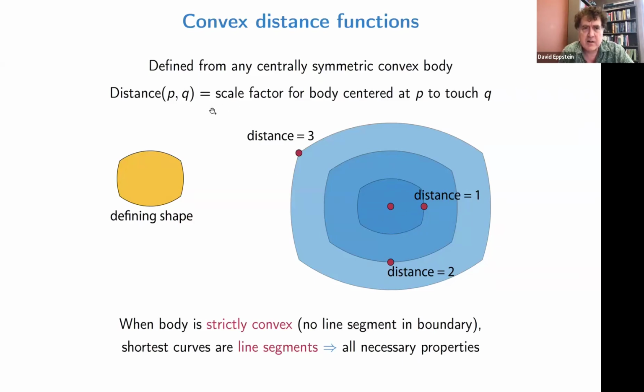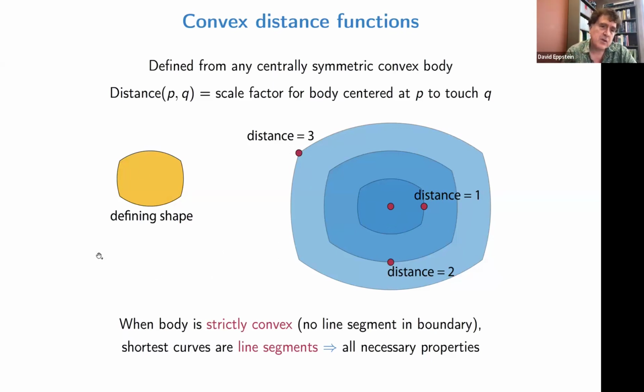And that's a symmetric definition. If you scaled the same body centered at the other point by the same scale amount, it would touch. So this central rounded rectangle barely touches this point. These 2 points are at distance 1. Scale it by a factor of 2. These 2 points are at distance 2, distance 3, and so on.